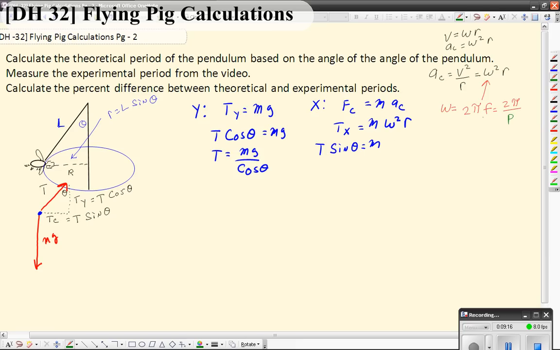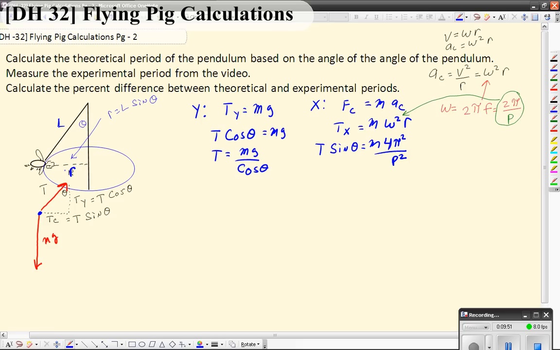When I plug this in for omega, I'm going to get 2 squared, which is 4, pi squared, which is pi squared, over the period squared. We're not done yet. We also have this r. Remember, this r is the radius here. I probably should have made this lowercase r.